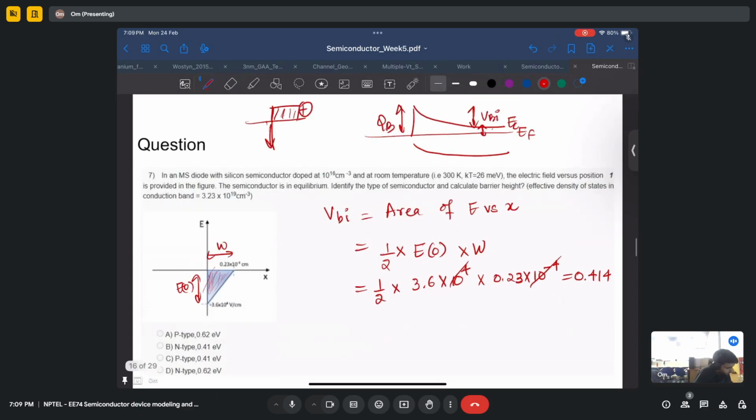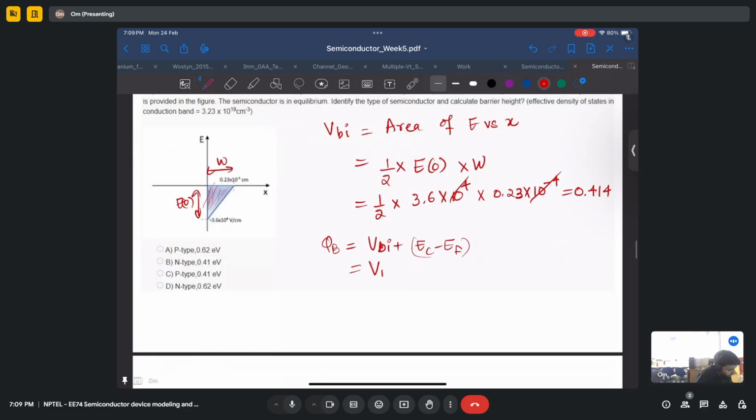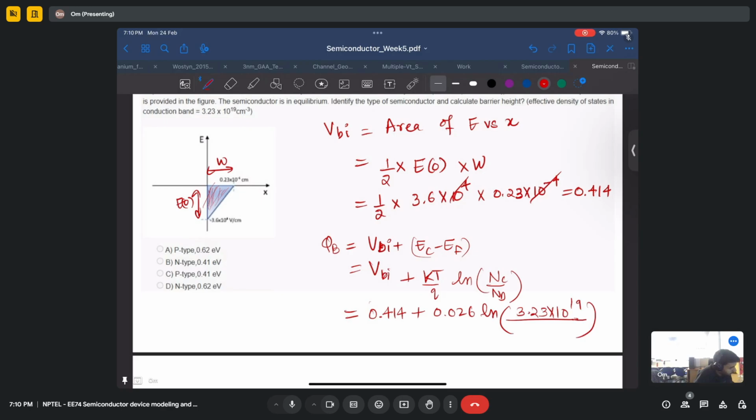So we can see from this band diagram that 5B equals VBI plus EC minus EF. So this is VBI plus kT by q ln NC by ND. This VBI we have referred to, 0.414, kT by q is 0.026, ln NC is given in the question, 3.23 into 10 to the power 19, and ND is given in the question, 10 to the power 16.